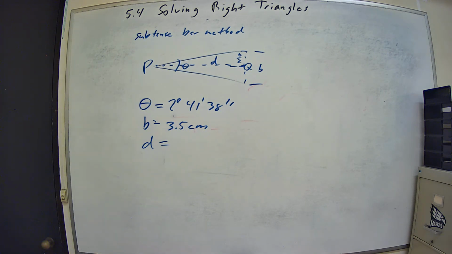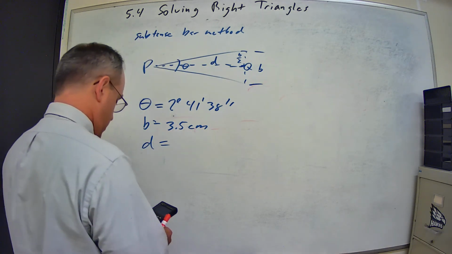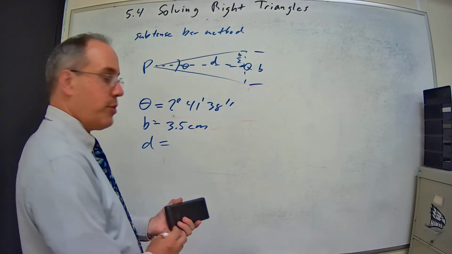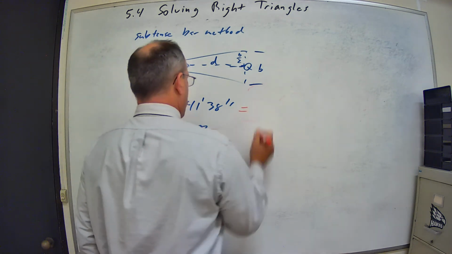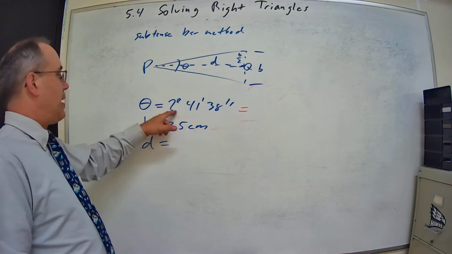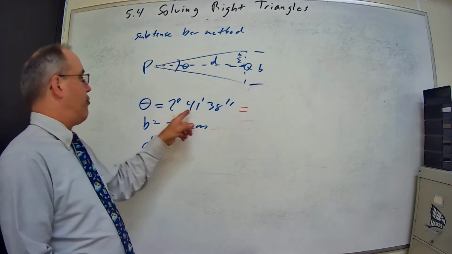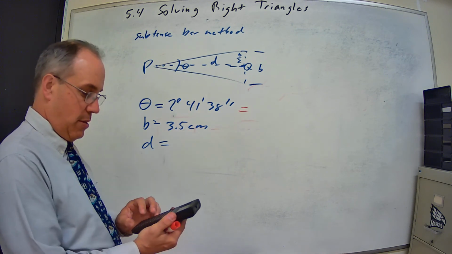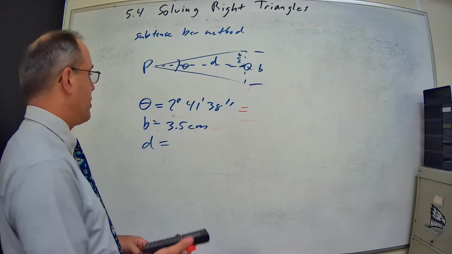So let's grab a calculator and do some work here. Okay, so first thing I'm going to do is convert this degrees, minutes, and seconds to degrees. And I can do that simply by going 2 degrees, 41 divided by 60 is another 0.68333 repeating degrees.